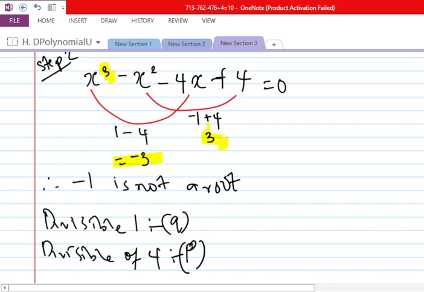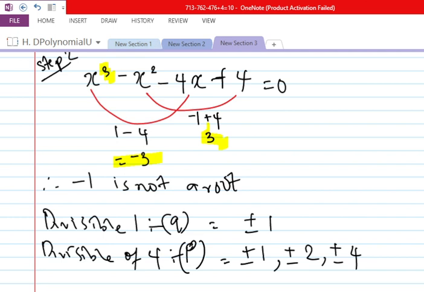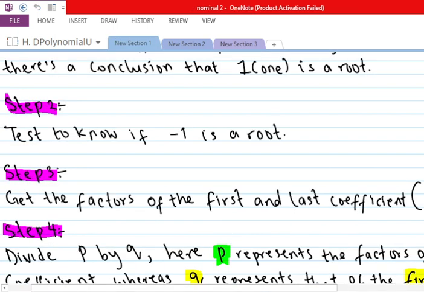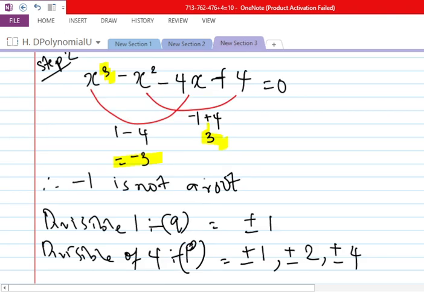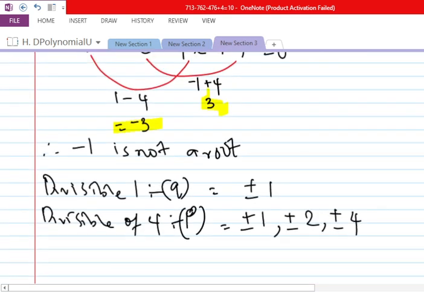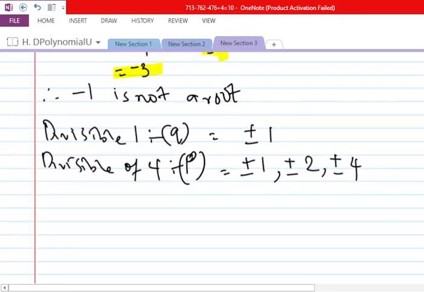So what are the factors of 1? The factors of 1 are just plus and minus 1. The factors of 4 are plus and minus 1, plus and minus 2, and plus and minus 4. So the next step is to divide P by Q, where P is the last coefficient's factors and Q is the first's.